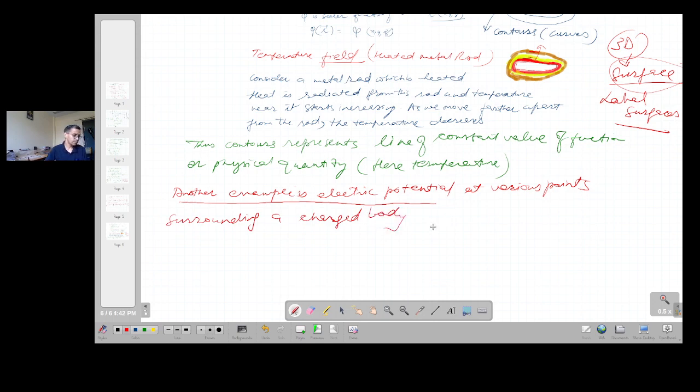A charged body is an example of a scalar potential field.